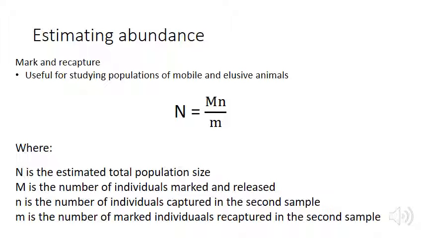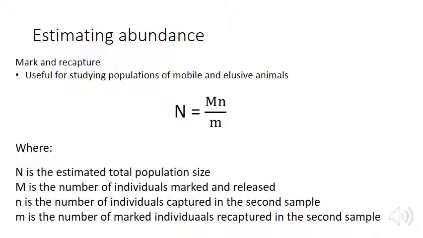Another method we use for estimating abundance is mark and recapture. This is really useful for studying populations of mobile organisms that we can't count in a quadrat, and particularly for very elusive animals where it's going to be really difficult to directly count the number of individuals. This is the equation for mark and recapture.